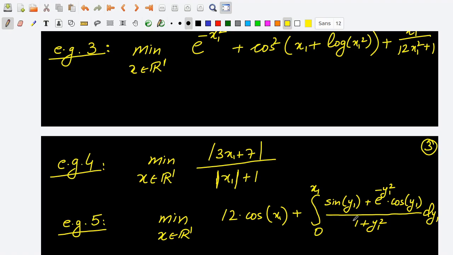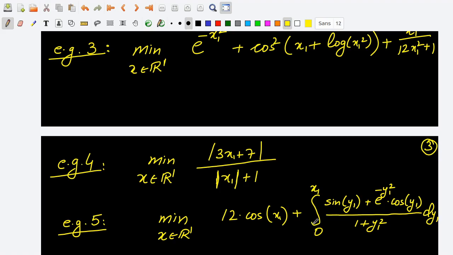So now even evaluating the function at a given point is difficult. Suppose I ask you, forget finding the minimum of this function, let's try to just find the value of this function at, say, x1 equal to 1. It will not be that simple, because to even evaluate f at a single point, I will have to solve for an integral, and many times integrals don't have closed form solutions.